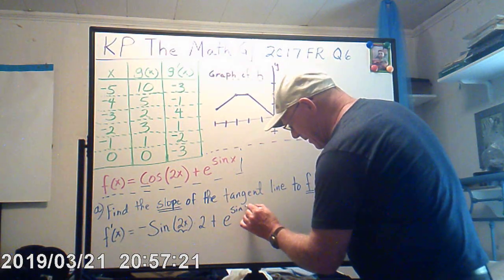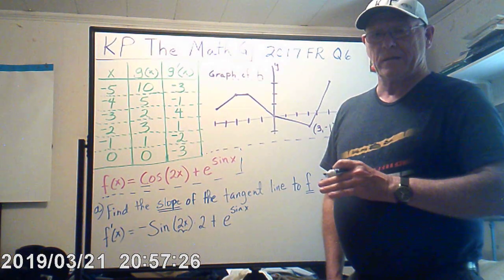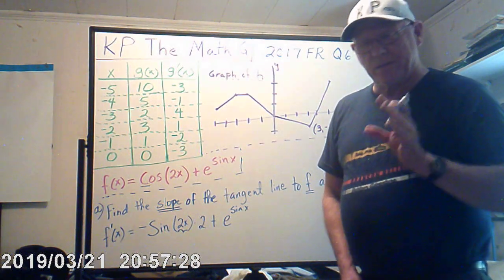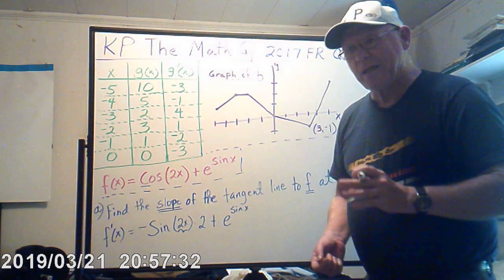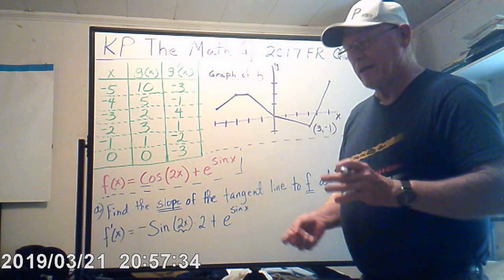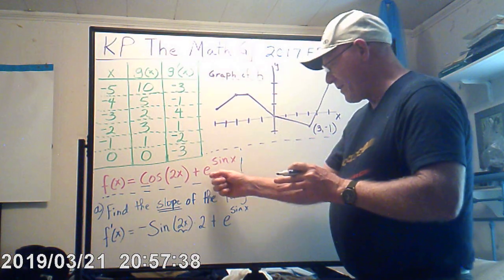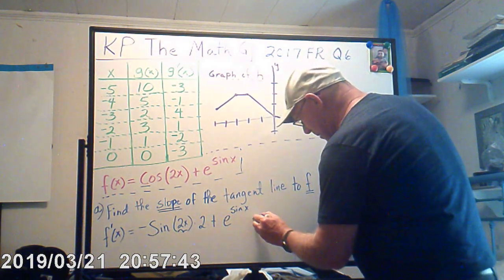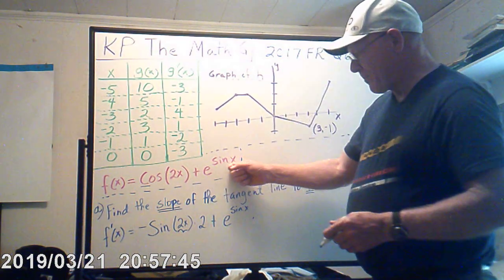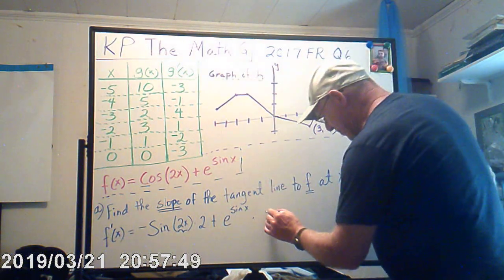Now remember, students, do not stop here. The derivative of e to the x is e to the x, but not anything else. E to the 2x is 2e to the 2x. So e to the sine x is e to the sine x times the derivative of what's up here, sine x, which is cosine x.